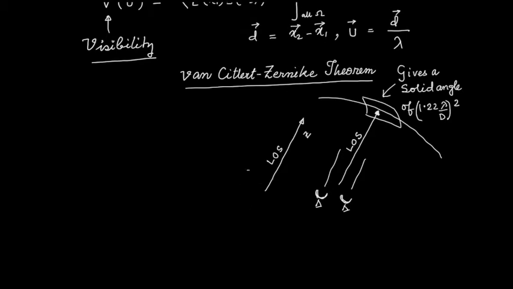So x and y will be in the plane or parallel to the plane of that patch. I can say x this way and y this way. Where z equals 0 is up to your choice. You usually choose it at the antenna, but really that doesn't matter. We'll see that shortly. But this is the coordinate system that I am looking at.